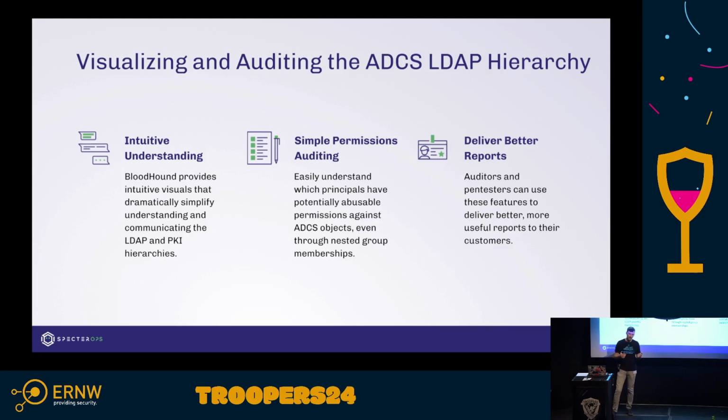Who has looked at that GUI and seen where the access mask column is blank, where it just doesn't say what the access mask is? I'm the only one. Thank you. So we suffer together on effectively auditing permissions against securable objects in Windows and Active Directory.